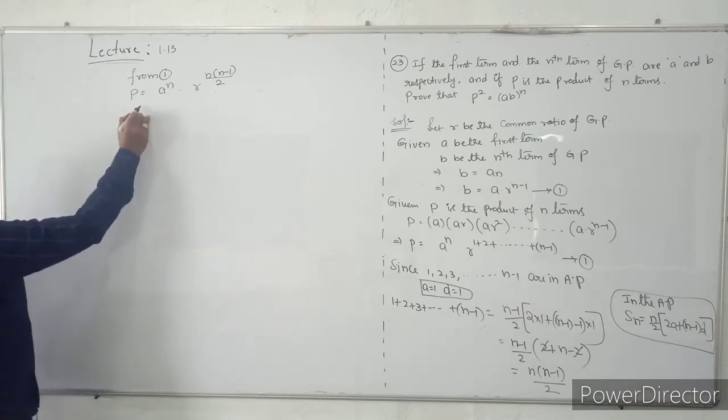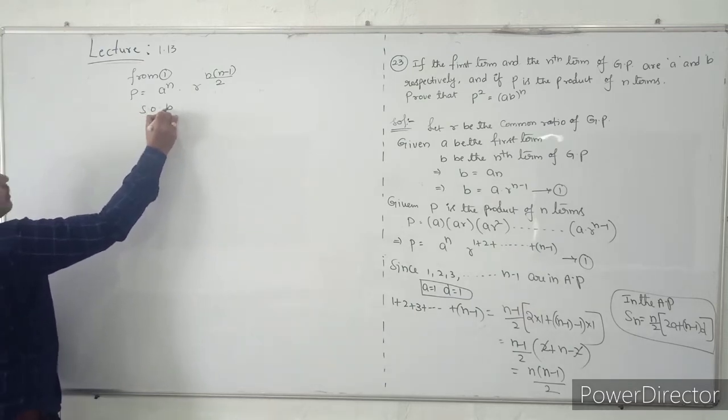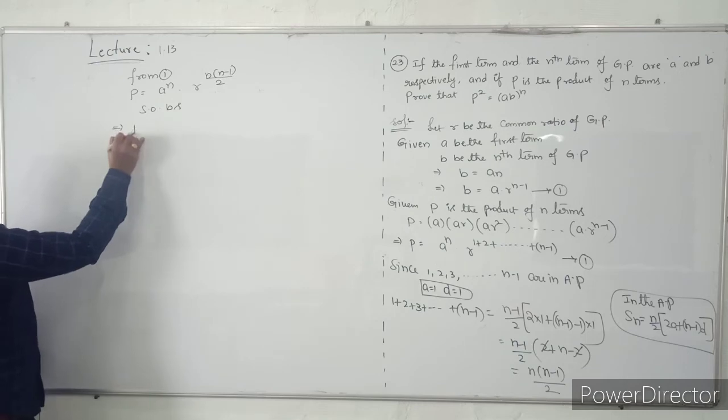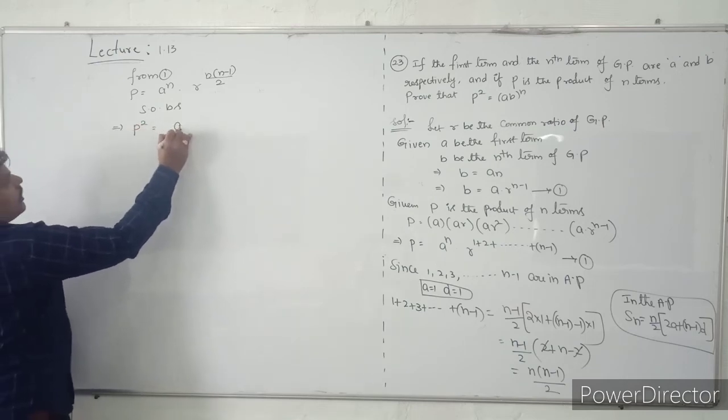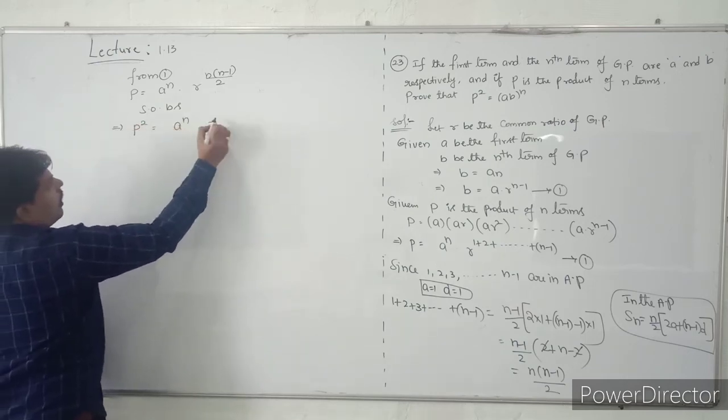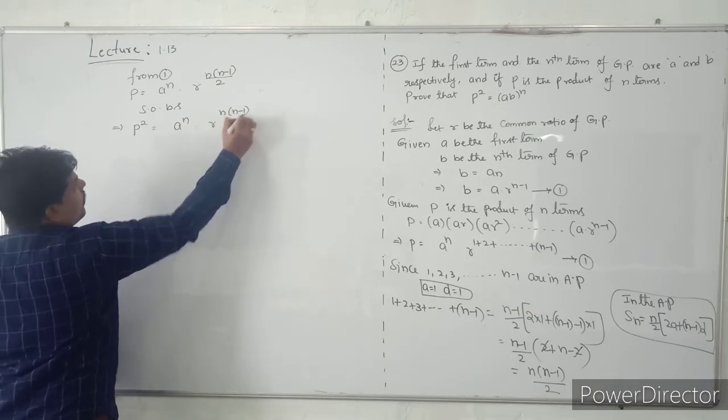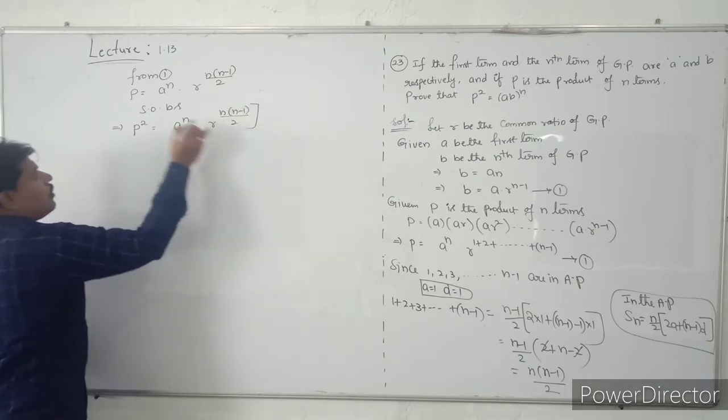Squaring on both sides, P square is equal to a power n into r power n into n minus 1 by 2, whole square.